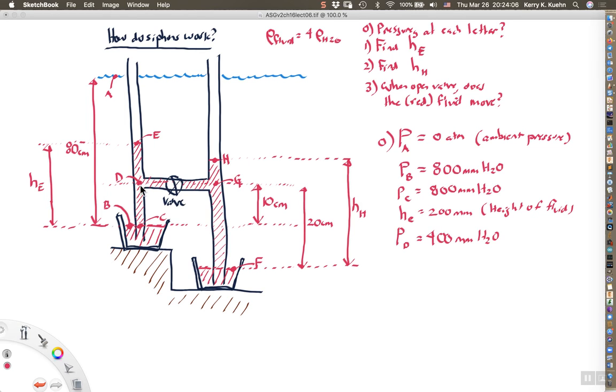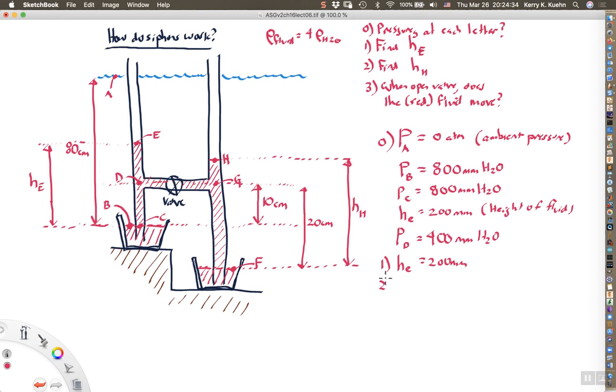This weighs 800 millimeters of water. And so halfway up would be the weight of 400 millimeters of water. So there's 400 millimeters of water weight weighing down at point D. So the pressure at point D is 400 millimeters of water. Okay, I hope I haven't lost you so far. All right, I guess we've already answered that. The height at point E is 200 millimeters.